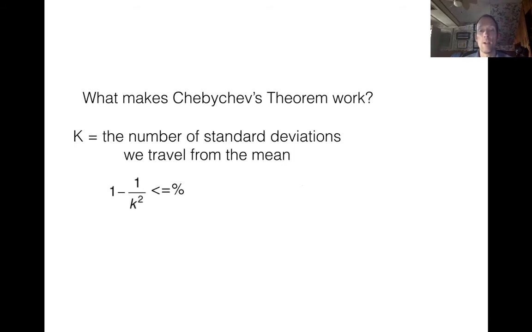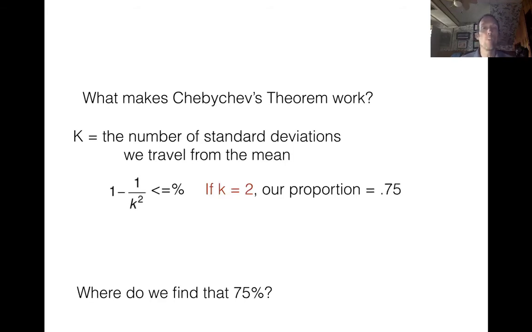And he figured out that if he plugged k into that equation, whatever the proportion gave you back would equal the minimum percentage of data that you would find going that number of standard deviations from the average. So when we plug in 2 for our k value, our proportion comes back equaling 0.75. And that's how we knew that at least 75% of the data is within 2 standard deviations of the mean.